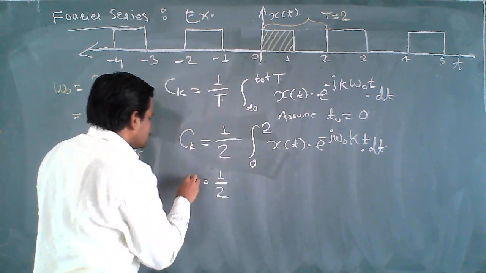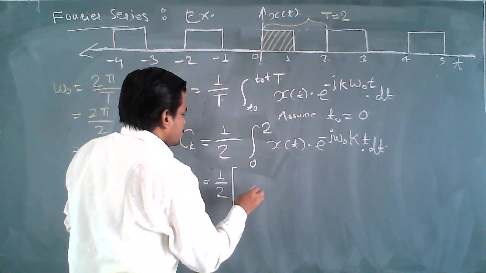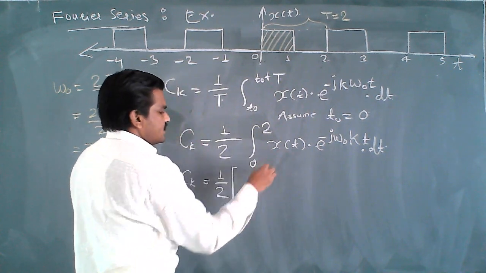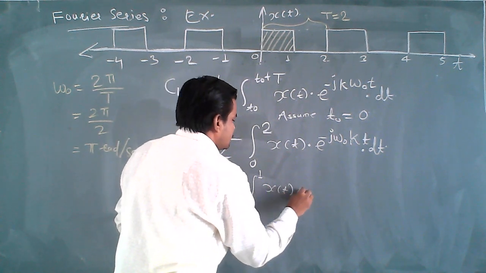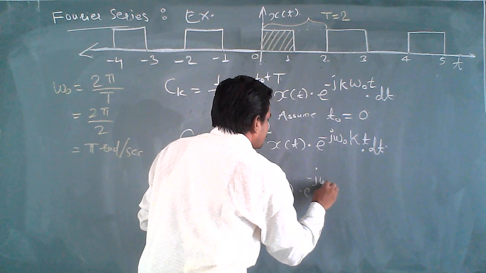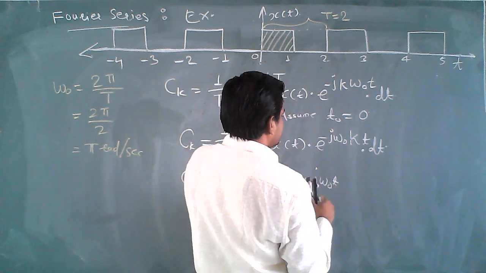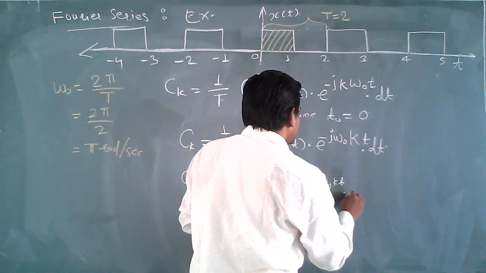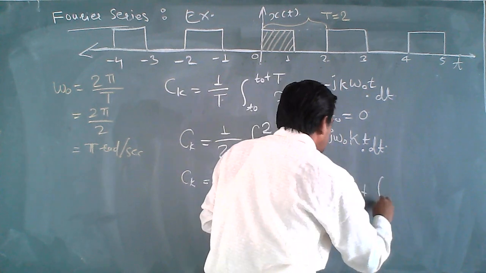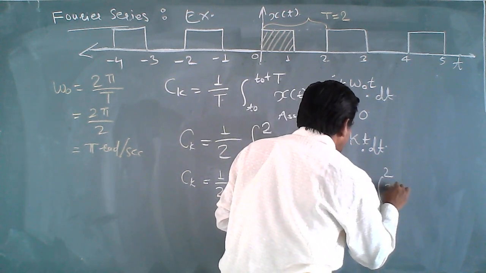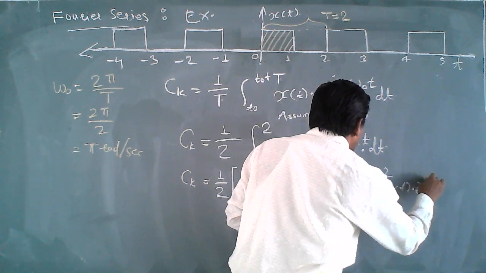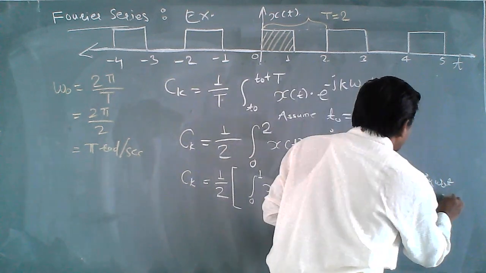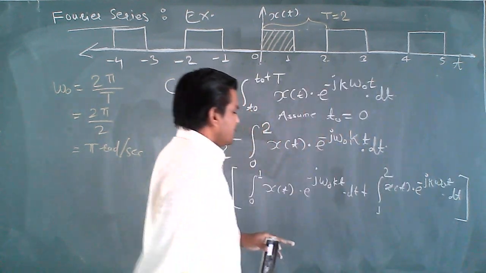Ck is 1 by 2 times the integration from 0 to 1 of x of t e to the power minus j k omega 0 t dt, plus the integration from 1 to 2 of x of t e to the power minus j k omega 0 t dt.